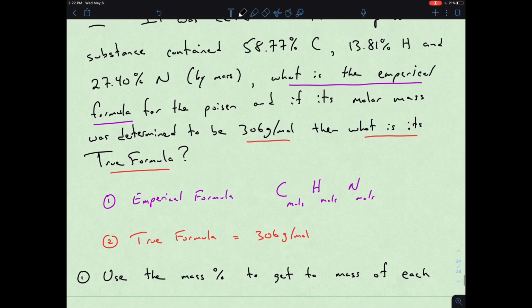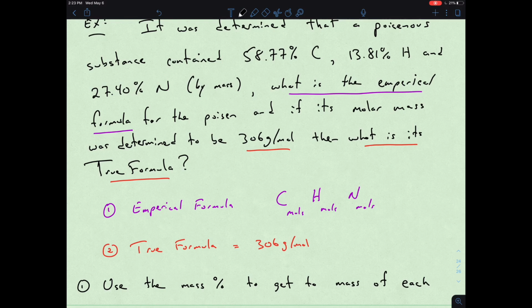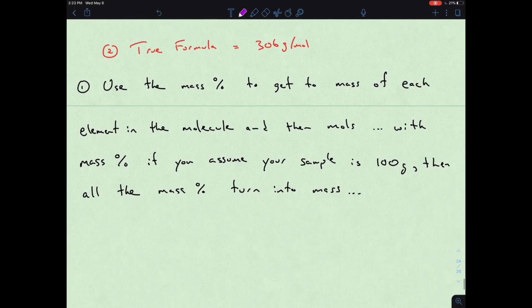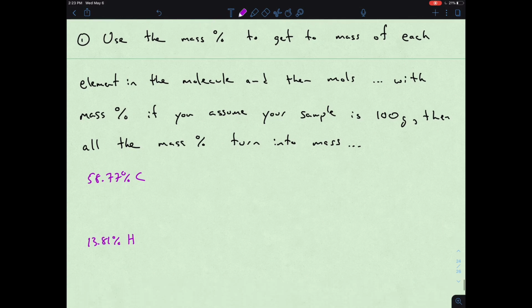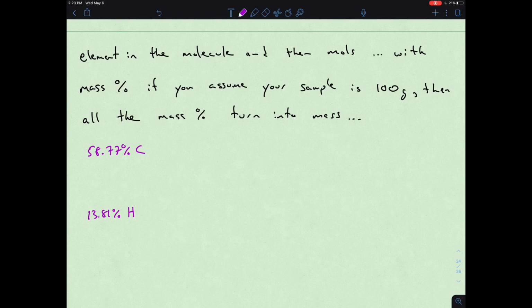So if we go back up to the top, here are those mass percents that we were looking at. We had 58.77% in terms of our carbon. We then had 13.81% of that hydrogen, and then we had 27.40% of the nitrogen.